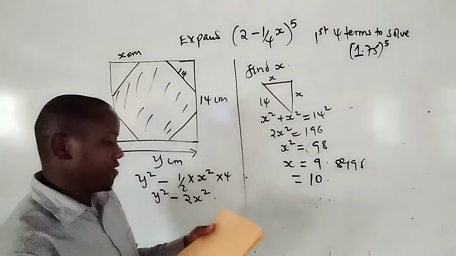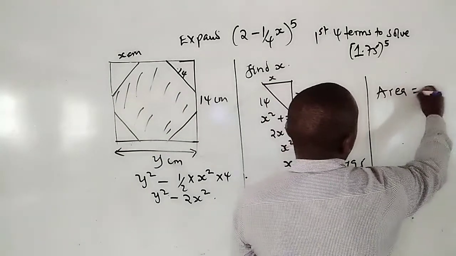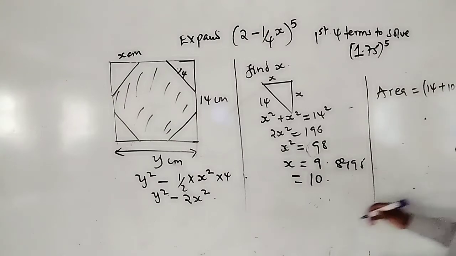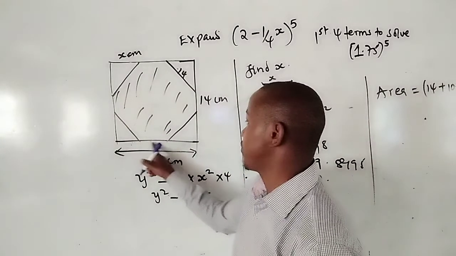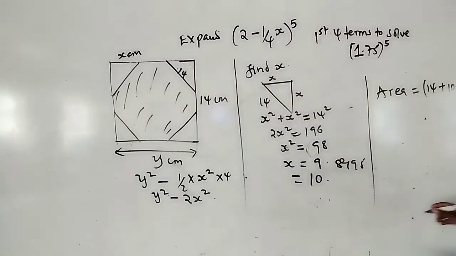Then find the area of the octagon. To find the area of the octagon, we will take the area of the square, and the area of the square will be given by y, whereby y is 14 plus 10 and plus 10 again, because y is this 14 and x is 10 and another x 10, squared.